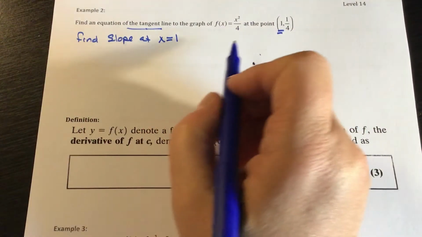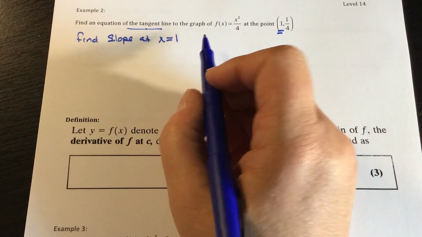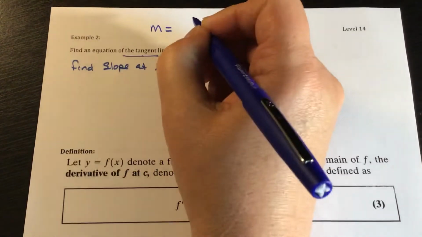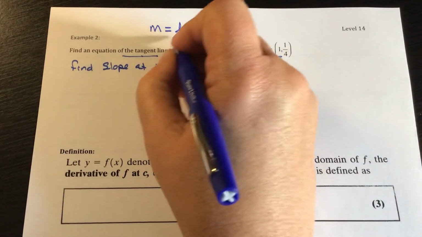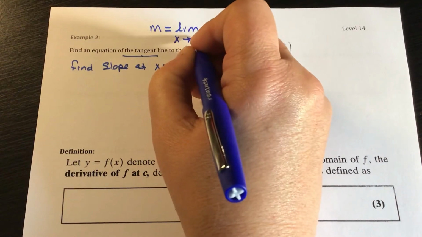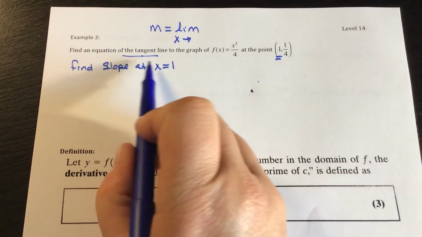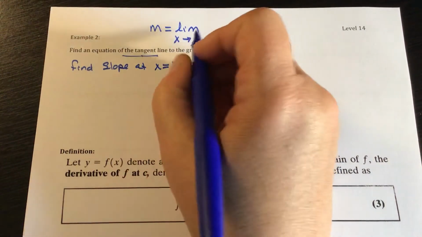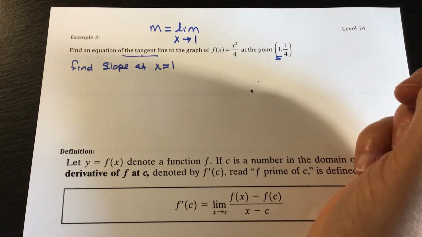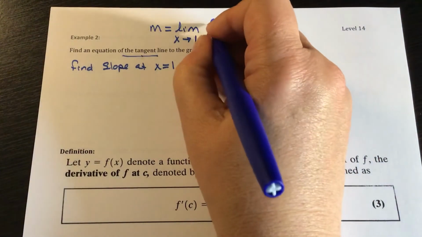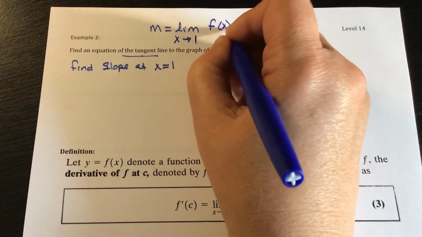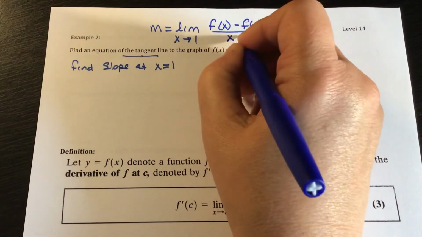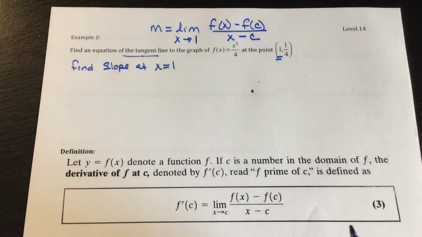Okay, so if I use my formula, now I want to find the slope at x equals 1, so in my formula x is going to approach 1, and I want f of x minus f of c over x minus c.